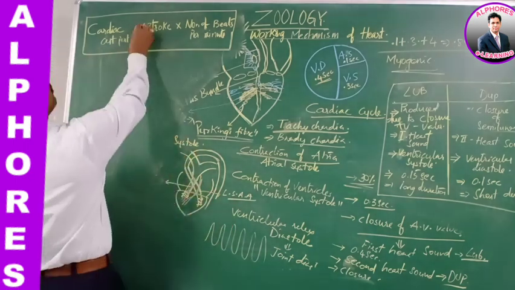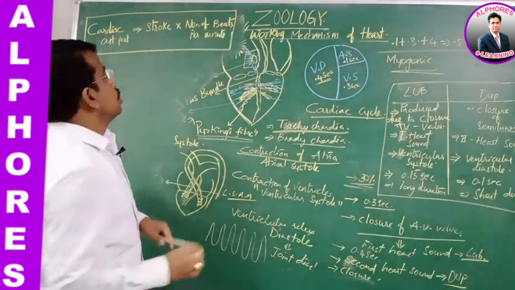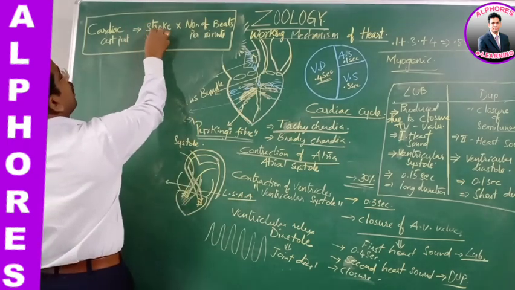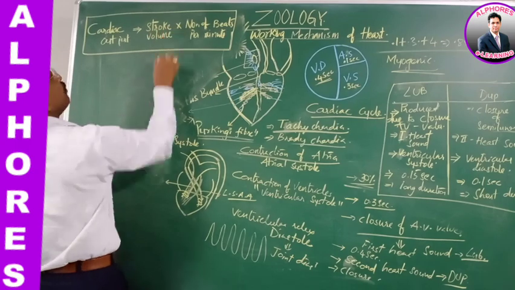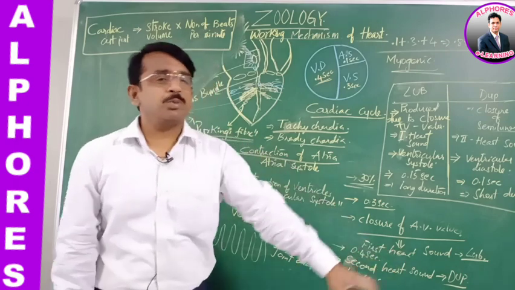So in terms of the equation, cardiac output is equal to stroke volume and the number of beats per minute. How to define the stroke volume?